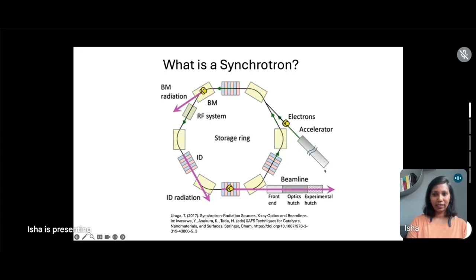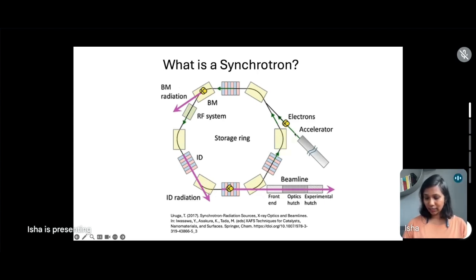We heat a tungsten metal to very high heat, and then we use electric fields to accelerate them. We also use radio waves to do that, which can be a linear accelerator or another booster ring. And then you accelerate electrons to almost the speed of light.